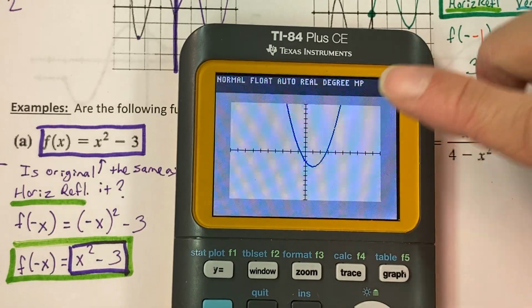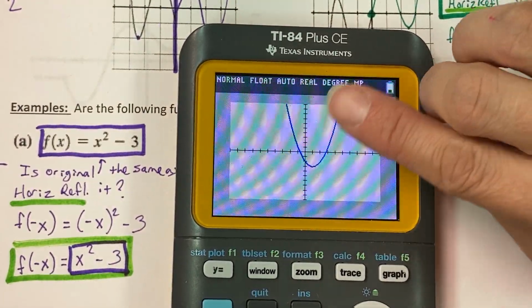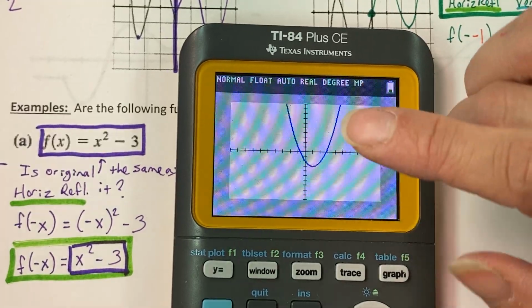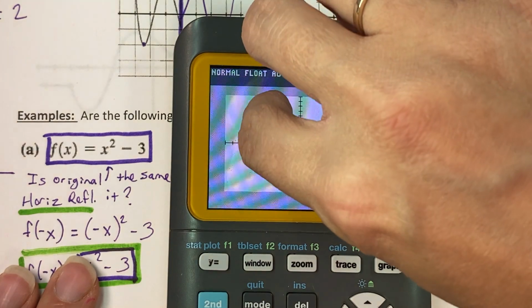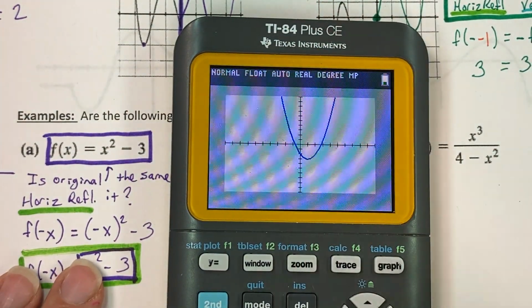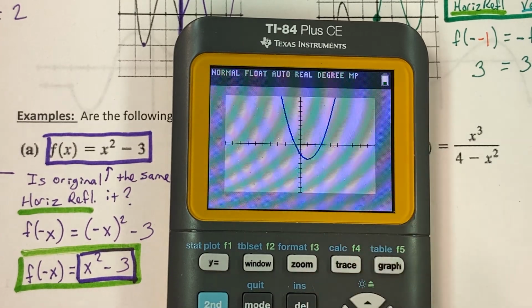Now, we can just visualize this, that if I were to fold this in half across the y-axis, it's not going directly through the vertex, so this is not even. If I rotate it about the origin 180 degrees, does it have rotational symmetry? Definitely not.